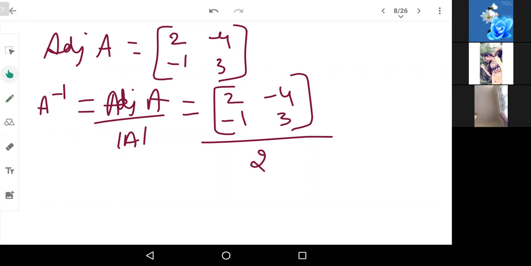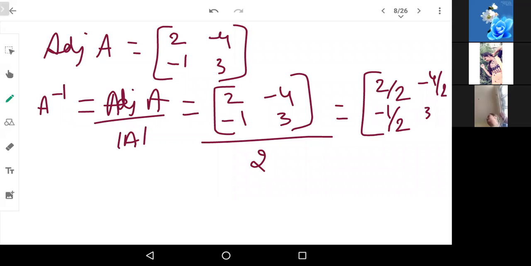Now divide the whole matrix by 2. 2 by 2, 4 by 2, 1 by 2, 3 by 2. Every element will be divided by 2. So which is nothing but 2 by 2, -4 by 2, -1 by 2, 3 by 2.